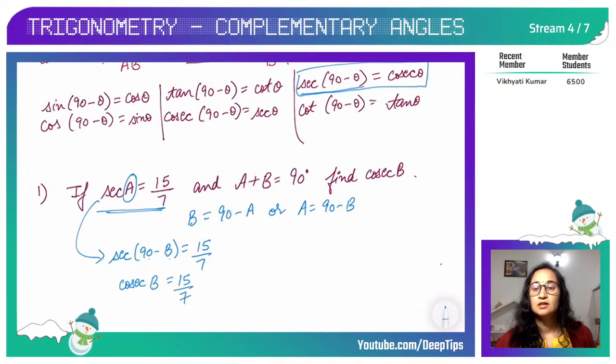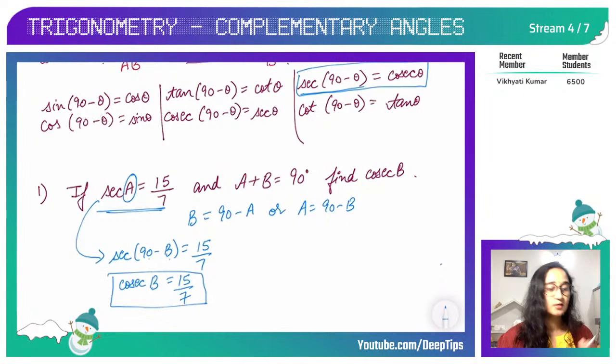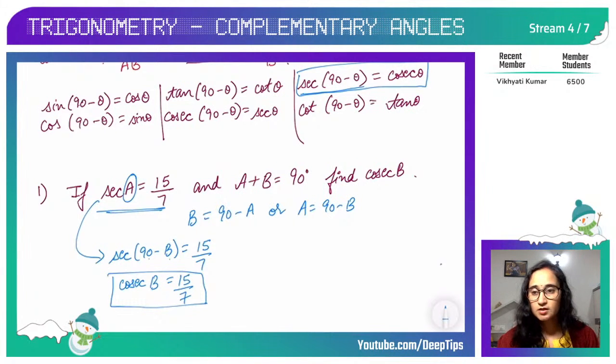Just in 2 steps I got my answer: cosecant B equals 15 by 7. This is kind of mental maths of trigonometry, right? You can solve it orally by looking at the question carefully.